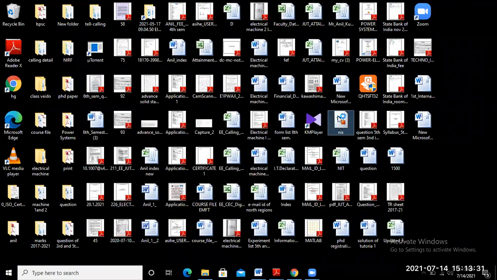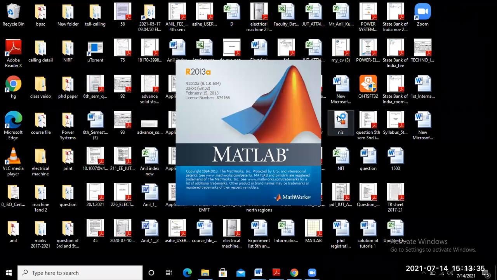Just open the MATLAB. So you should always be careful when you enter any data in MATLAB programming, and how we can write the mathematical equation commands.